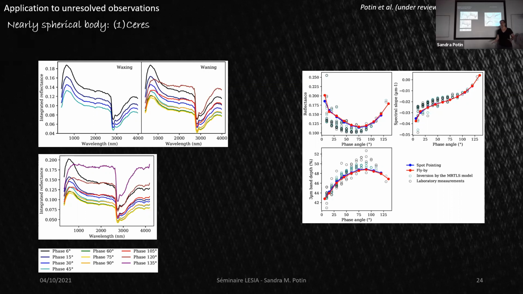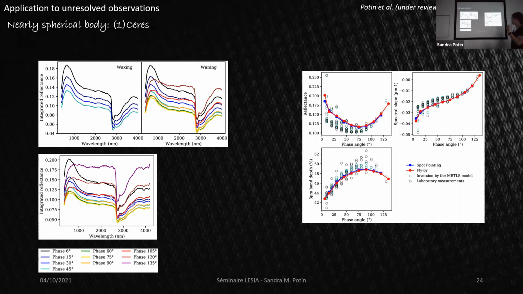It's the same surface, just applied on the shape model of Ceres. So we have an increase of the reflectance. The spectral slope of the simulation is lower than the laboratory surface. The 3 micrometer band is fine, it's right in the middle of the laboratory results. Where does this come from?